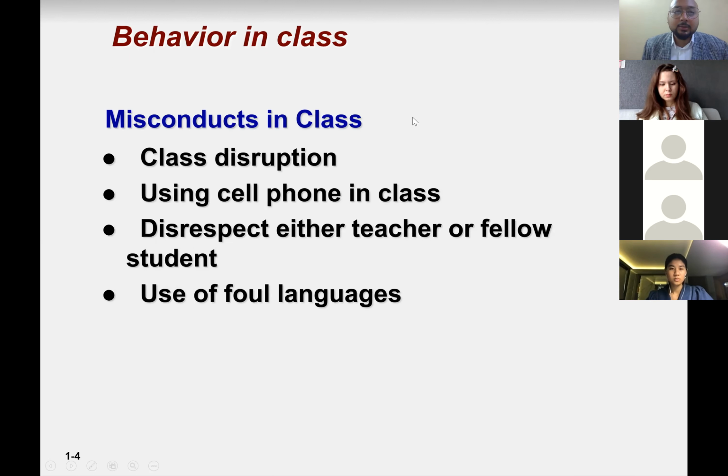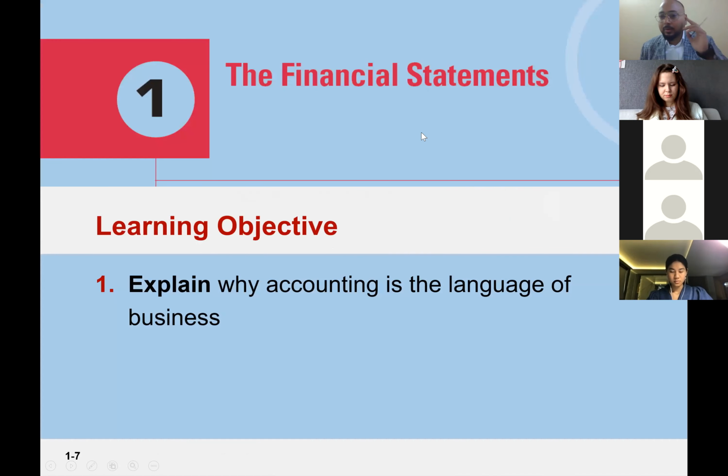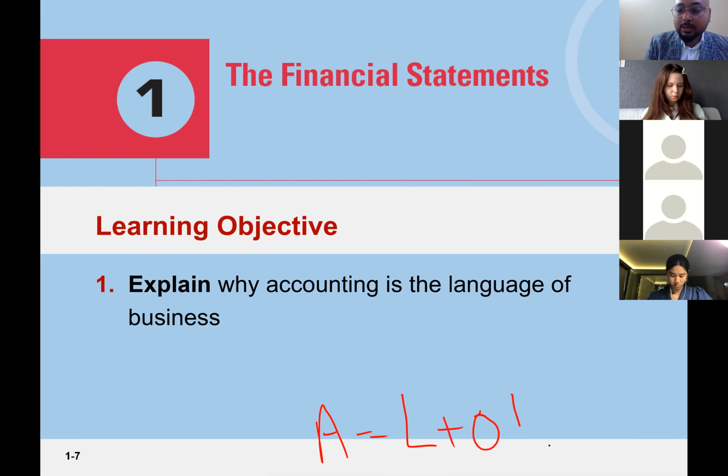Then we talked about our first chapter, financial statements, and we ended our lecture on the accounting equation. What we talked about is that assets are equal to liabilities plus owner's equity.